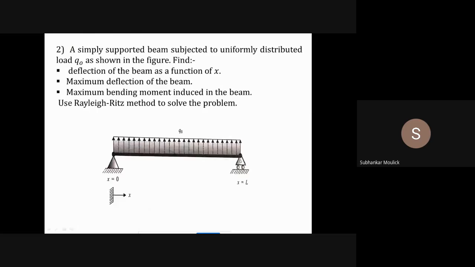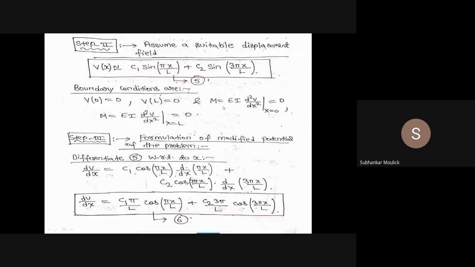That means I can write moment equal to E I d2V over dx2 is 0 at x equal to 0, and E I d2V over dx2 is 0 at x equal to L. Yes or no? Can I write these two moment equations as boundary conditions or not? Yes, sir.